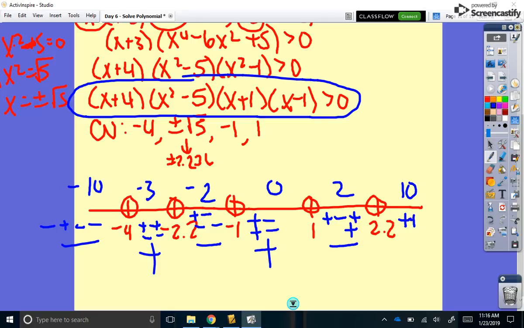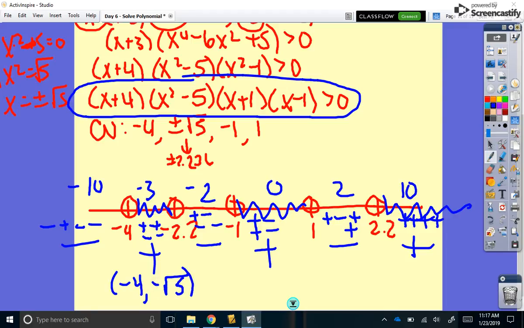And then 10 should give me 4 positives. If you're having trouble knowing where those 4 signs come from, ask a friend. All right, greater than 0, I'm going to shade where it's positive. So the answer to this tremendous inequality is negative 3 to negative 2.2, which remember was negative radical 5. So write your answer that way. Union negative 1 to 1, union radical 5 to infinity.